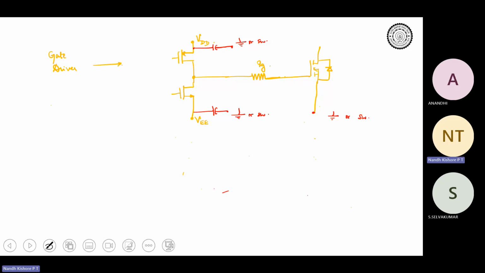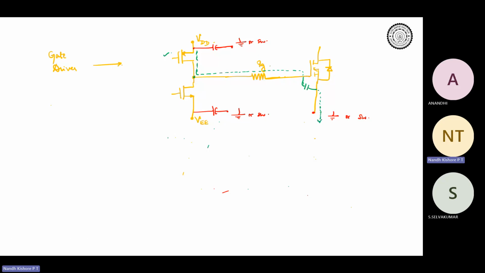So as you can understand, when this device turns on, the path would be something like this. VDD comes over here, then it goes through RG, goes through the capacitance, and then to the source.